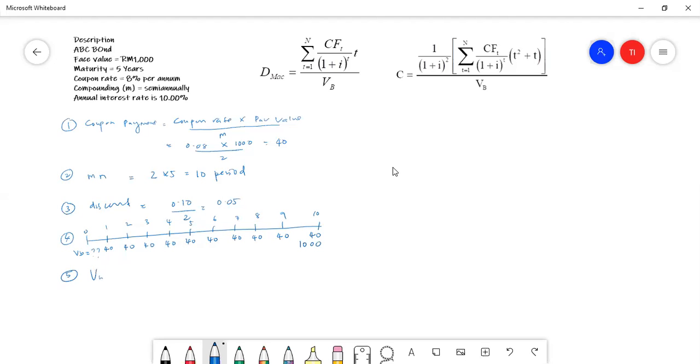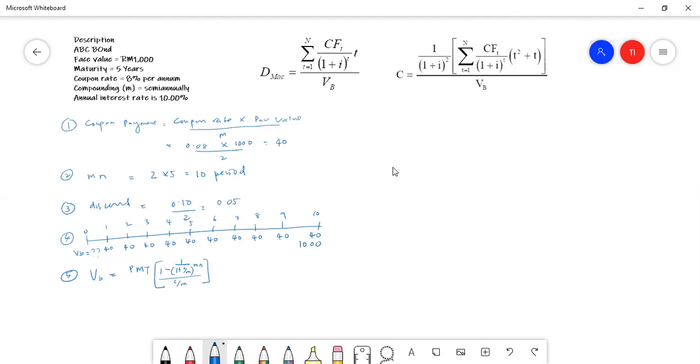What is the formula for the bond value? You have the PMT, which reflects the 40, the annuity, times 1 minus (1 plus i divided by m) to the power of minus mn, divided by i divided by m.